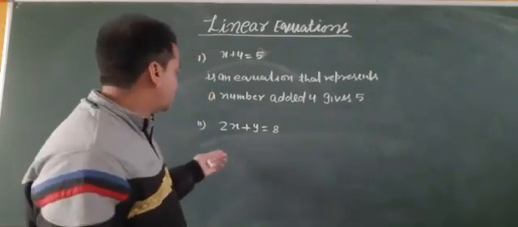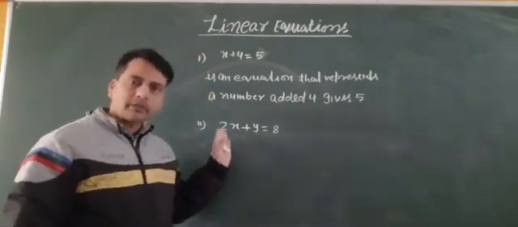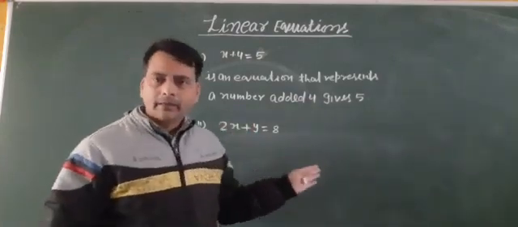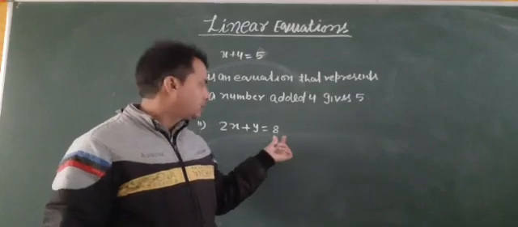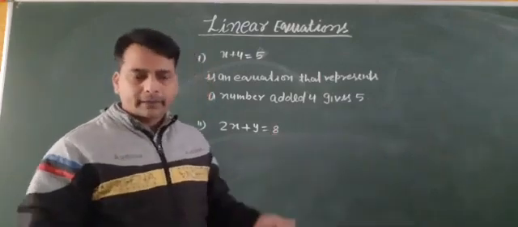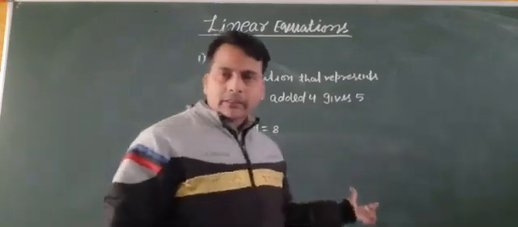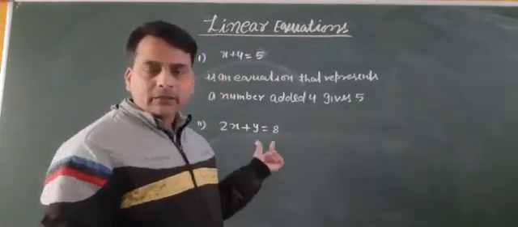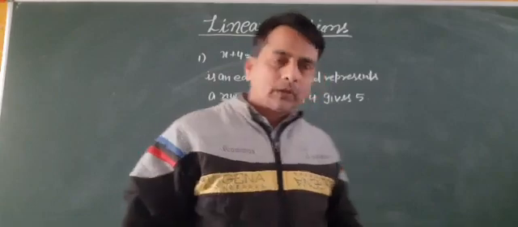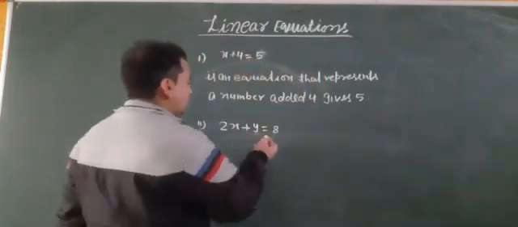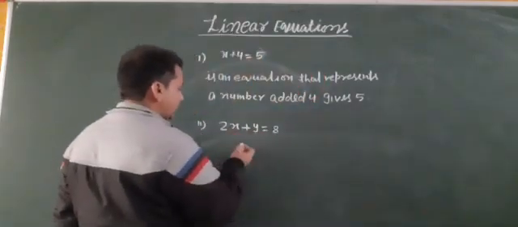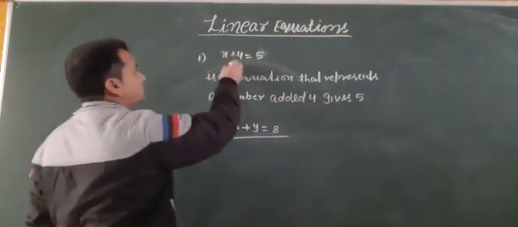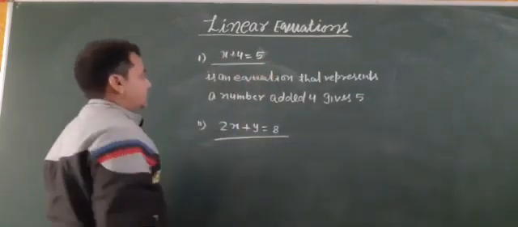In other words, a number is doubled and added to another number and the result is equal to 8. In this equation, it has two literals. So it is called a linear equation in two variables.